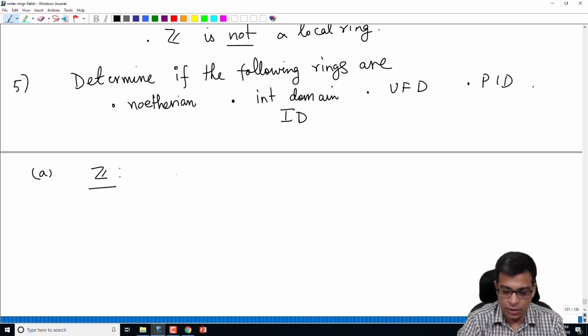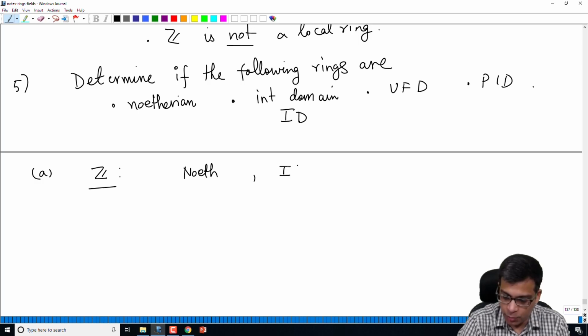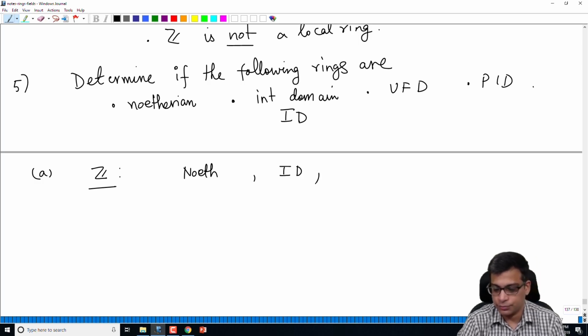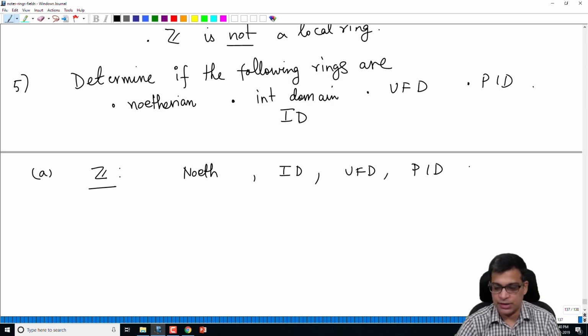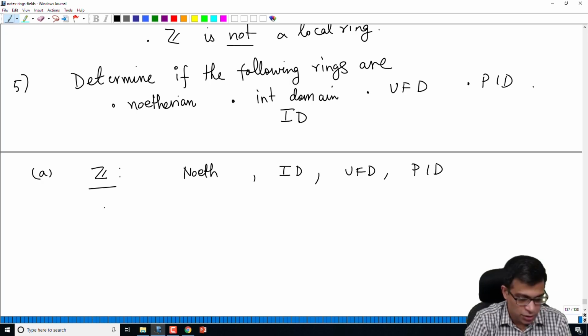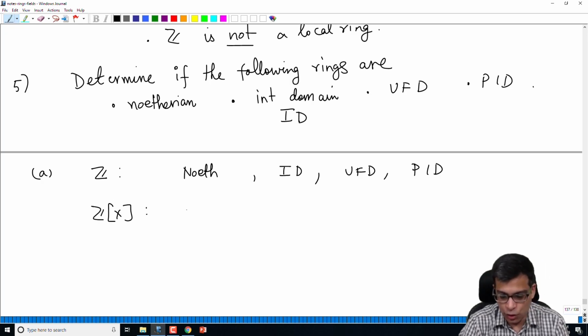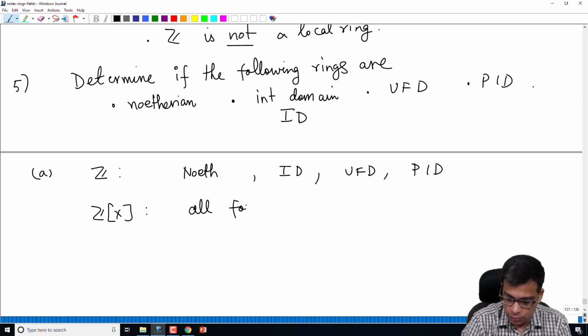Z, so Noetherian, yes. Integral domain also yes, right, because this is our first example of integral domain. We have shown that it is a PID, so hence it's a UFD. So it has all the properties. If you take Z[x], this also has all 4 properties.